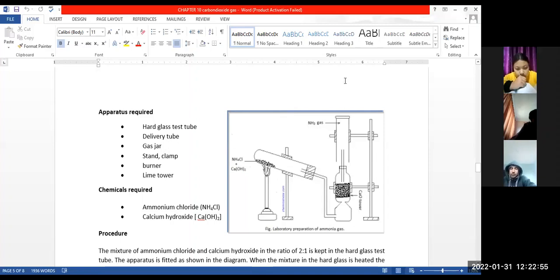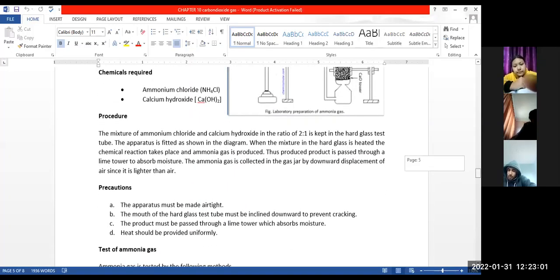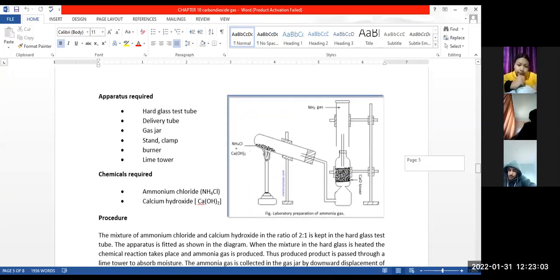And next is procedure. How can we prepare? For that, we should learn this diagram. Look at the diagram. The hard glass test tube is made slanted downward towards the mouth.